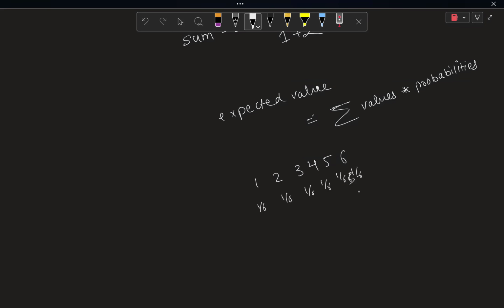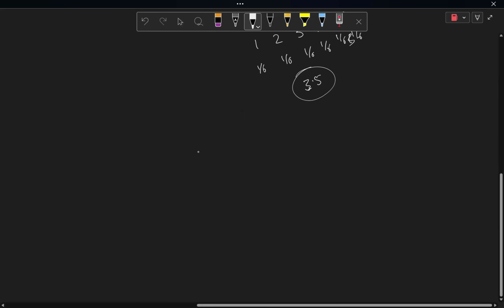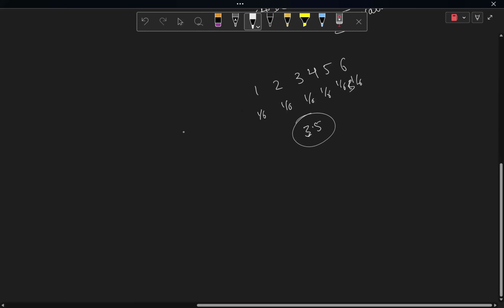The expected value is the sum of all of them multiplied with their probabilities, so it should come around 3.5. That's what you actually expect also. You expect the expected value to be something like the average, in the case where everything has equal probability of coming up. In this case, it's just the weighted average. That's all. The weight is just the probability.